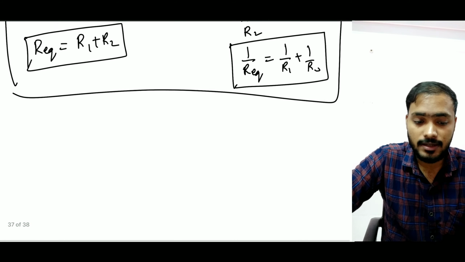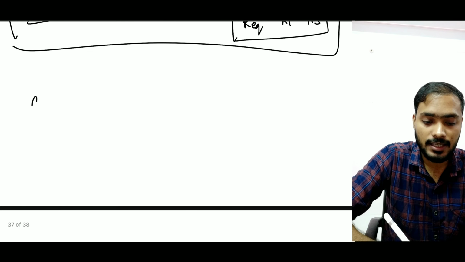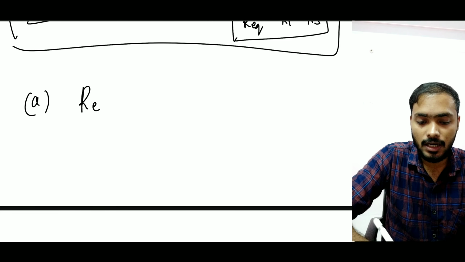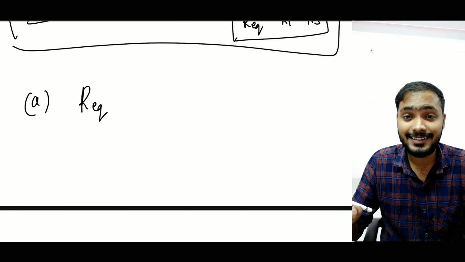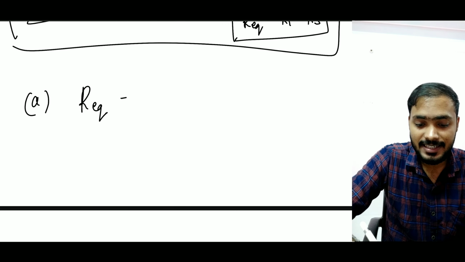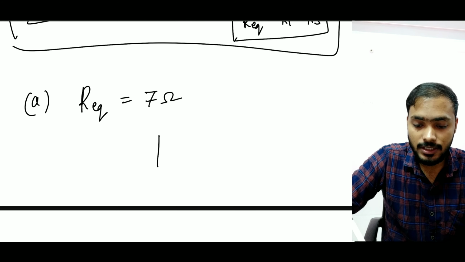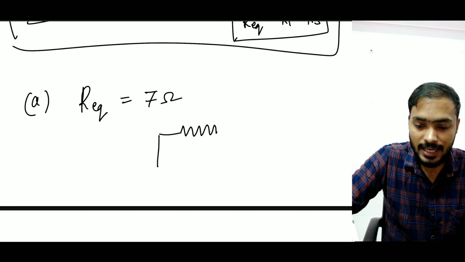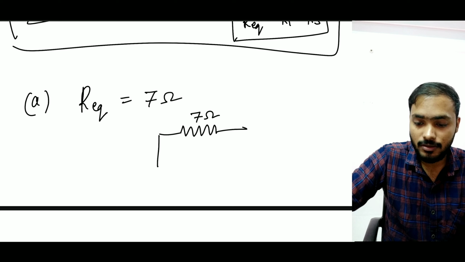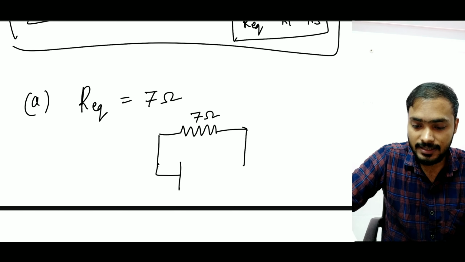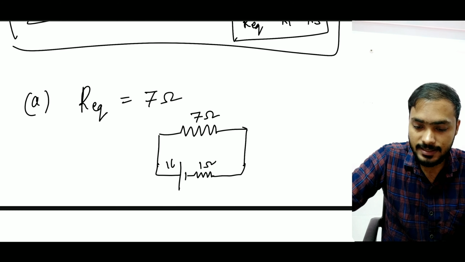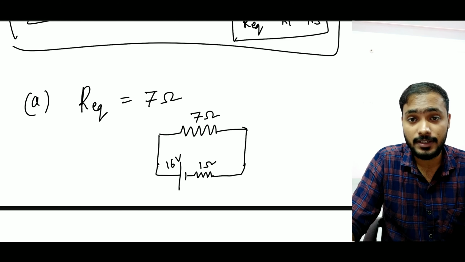So the equivalent resistance of the entire circuit is actually 7 ohm, right? So I can now redraw this as a 7 ohm equivalent resistance, and it is connected with a cell with internal resistance of 1 ohm and 16 volt as the EMF here, right?